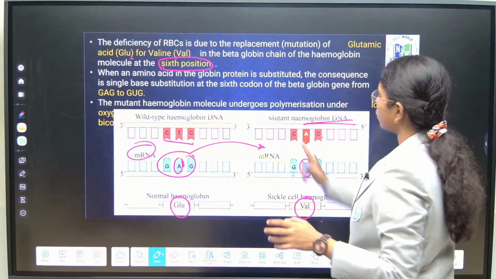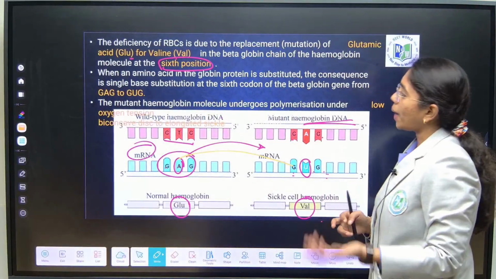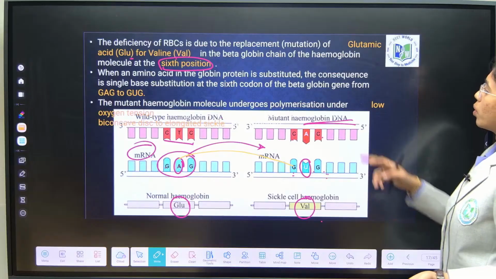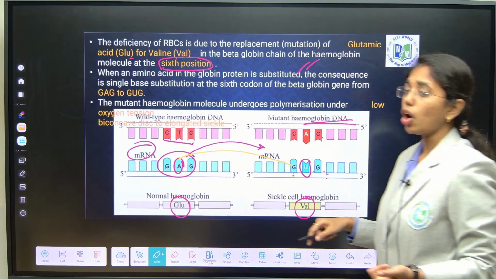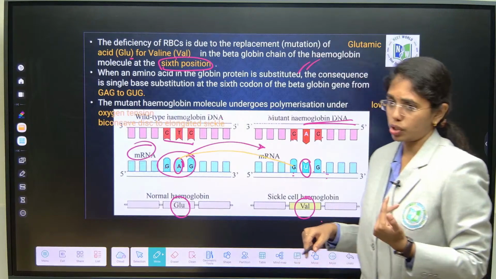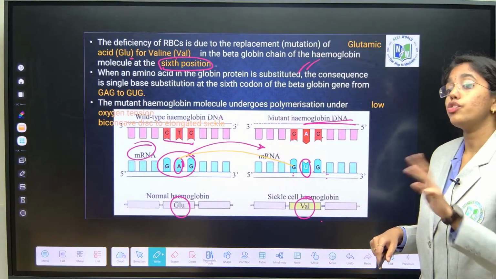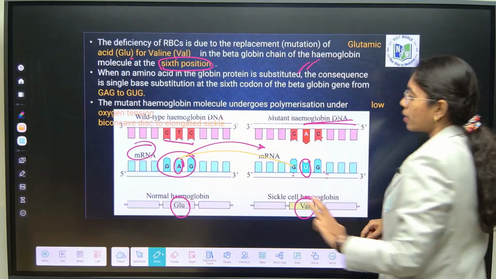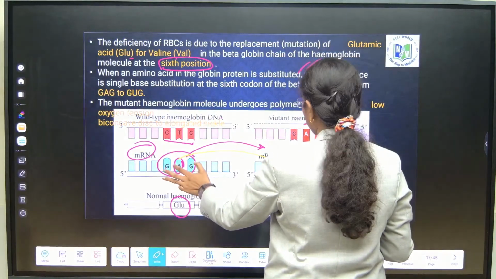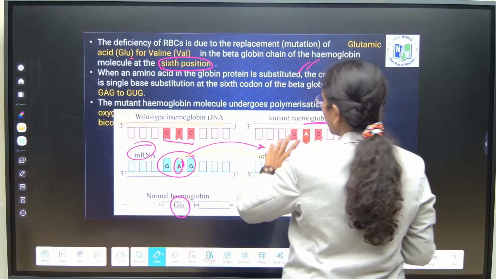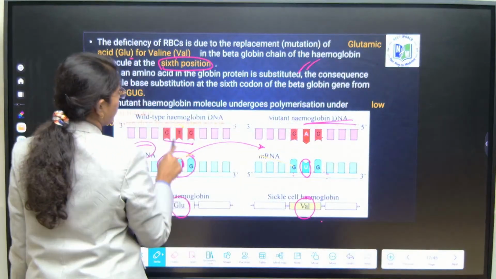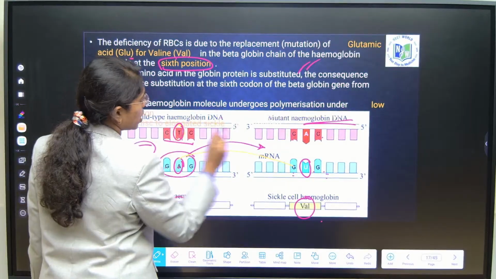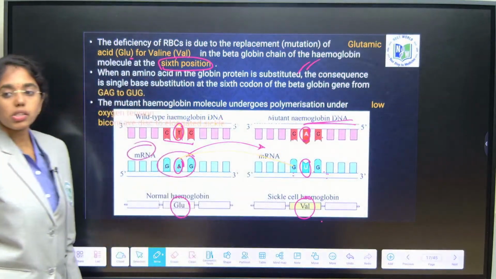The globin change is at the 6th position. When an amino acid in the globin protein is substituted, this is a point mutation, also addressed as a qualitative mutation. This is because of transversion, where a pyrimidine is exchanged by a purine. Thymine is a pyrimidine, right? It is exchanged by a purine, that is adenine. It is transversion.